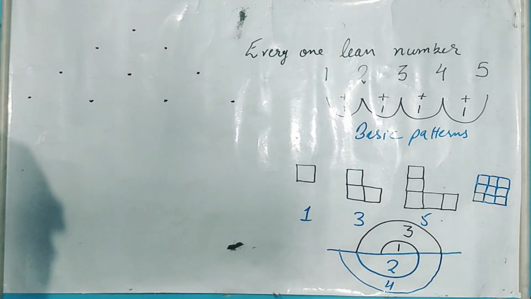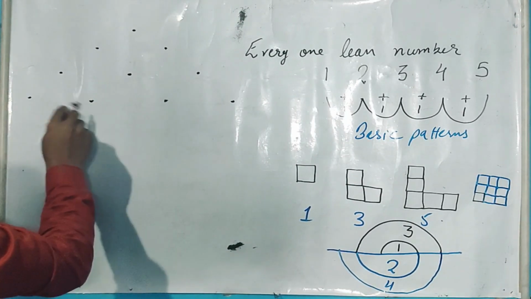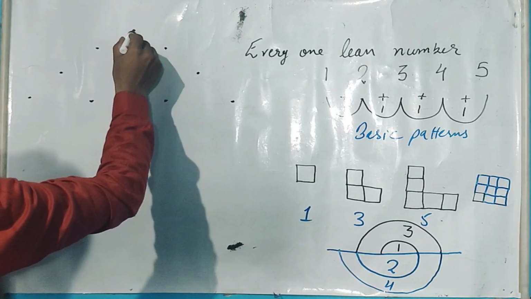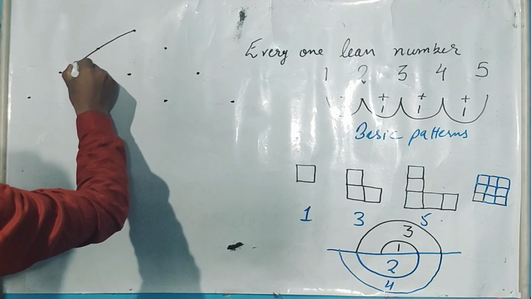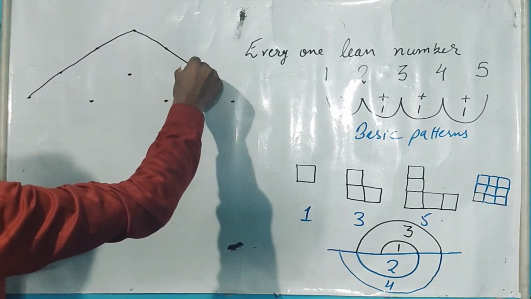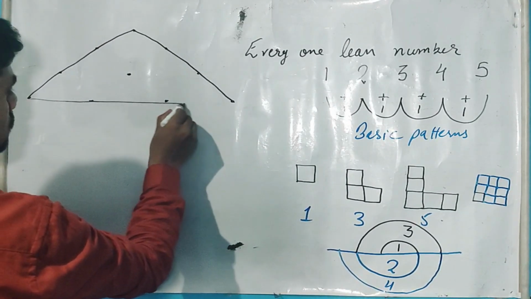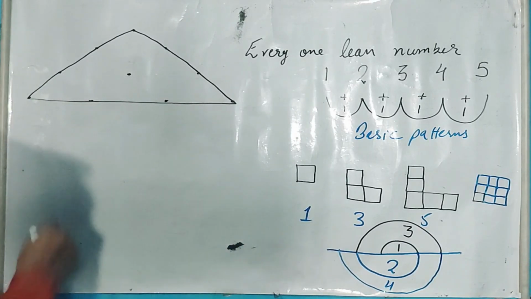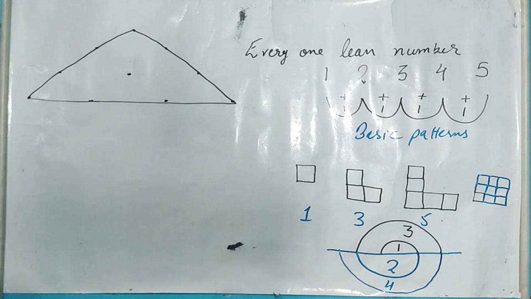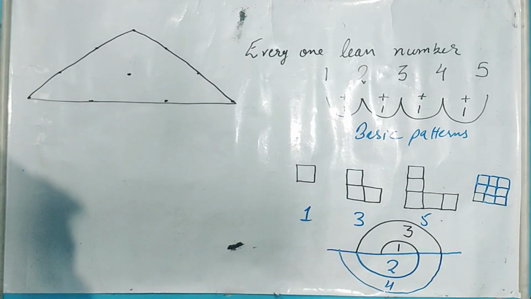This is also a pattern. If we join these dots, you see this is like a triangle. All these dots make a triangle.